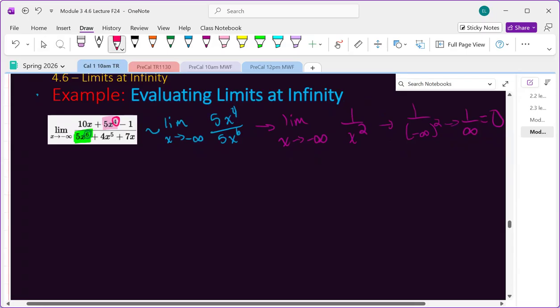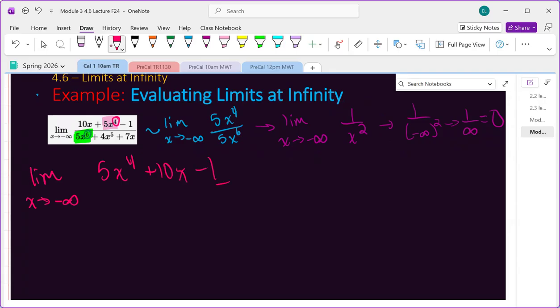The technical way to work this one out, and I'm going to rearrange the top because I like my biggest power in front. I like shortcuts, but very often shortcuts only work in certain scenarios.